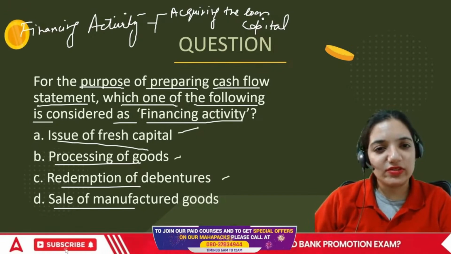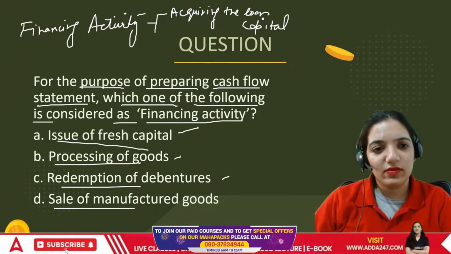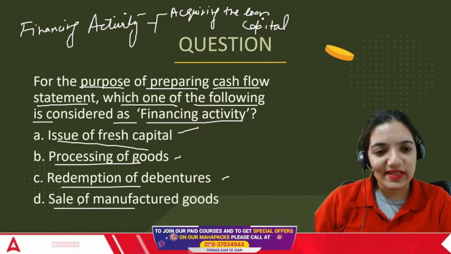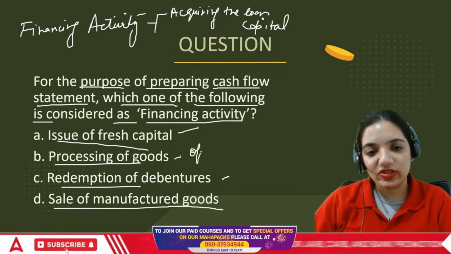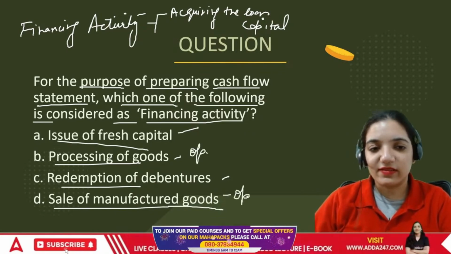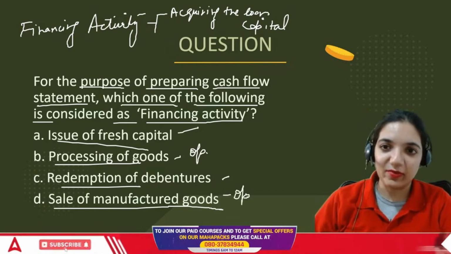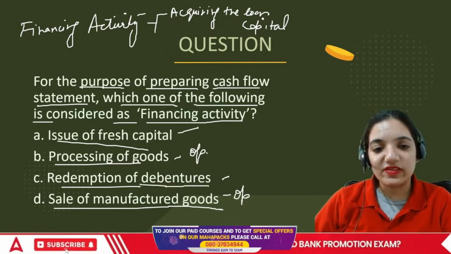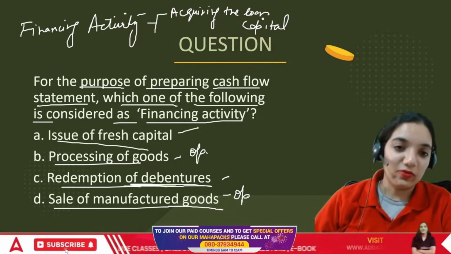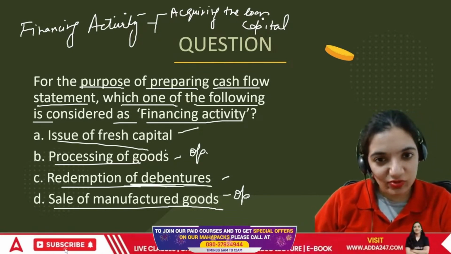Redemption of debentures, which is basically which one of the following? Sale of manufactured goods is basically operating. This is operating. This is operating. Selling and processing all are a part of it, because we are going to spend and we are going to have money. When we talk about redemption of debentures, redemption means to pay off a loan, and issue of share capital means to get the loan.